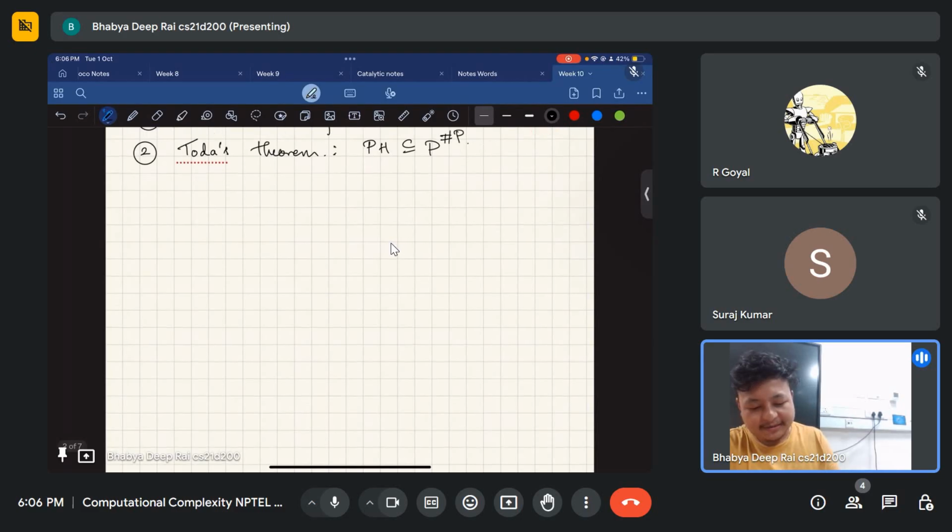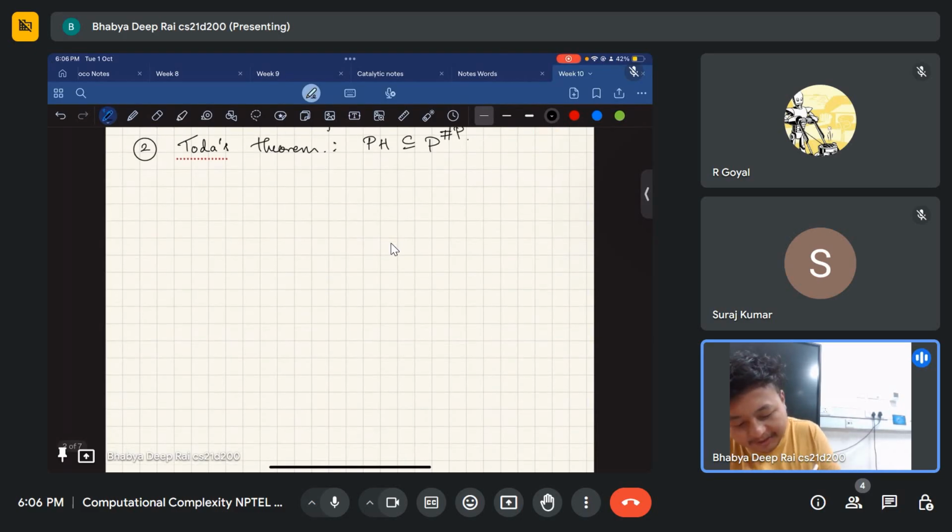Okay. And just to recall, what is sharp P? Now we are in the realm of counting. Okay. So computational problems can be of several kinds.